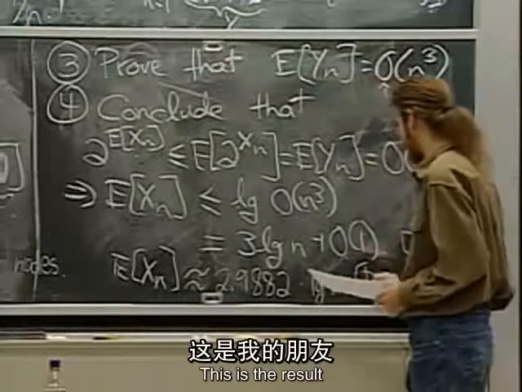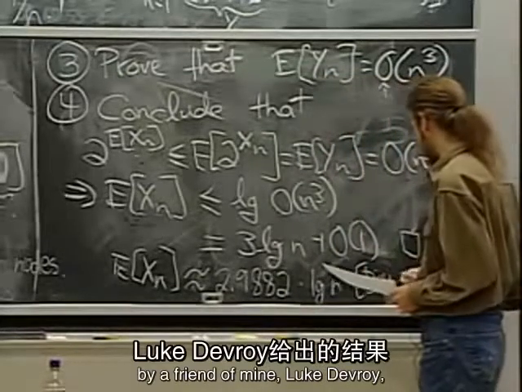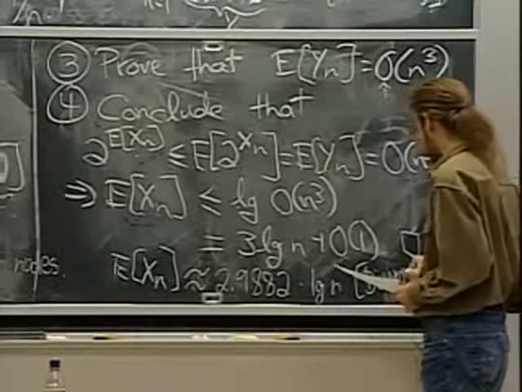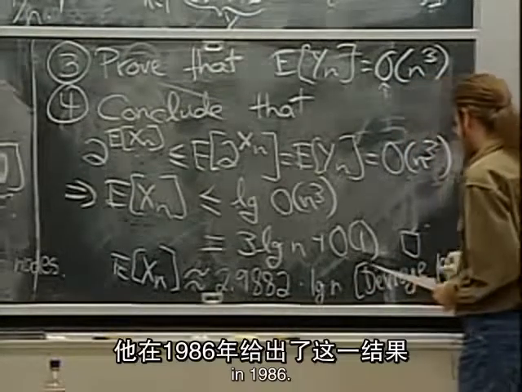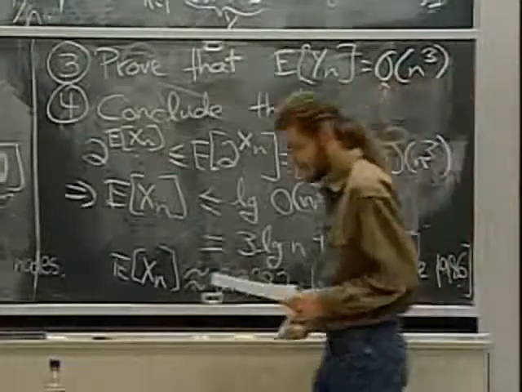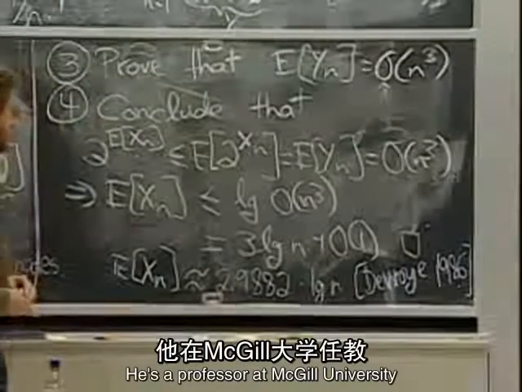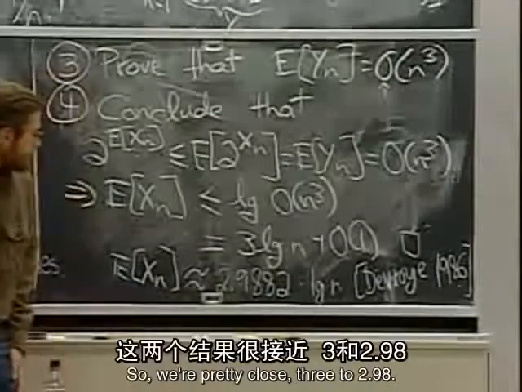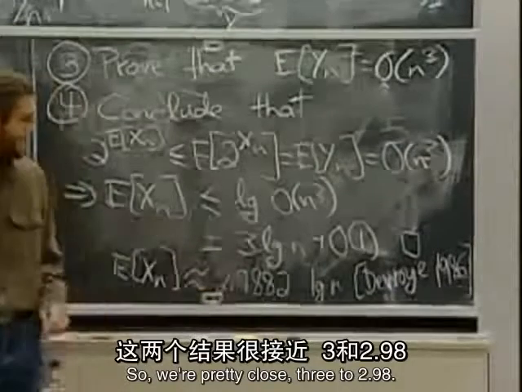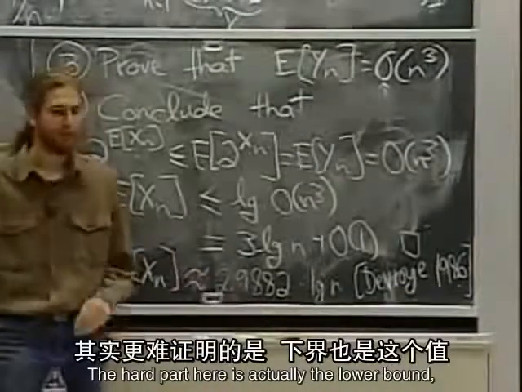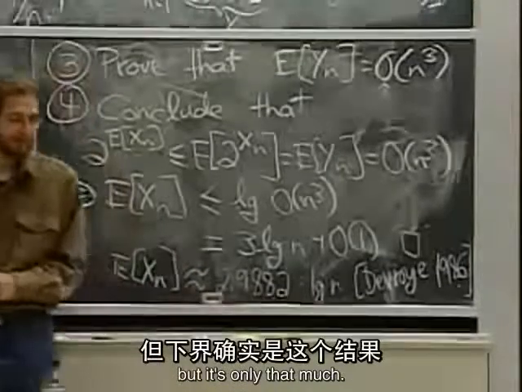This is a result by a friend of mine, Luc Devroye, in 1986. He's a professor at McGill University in Montreal. So we're pretty close, 3 to 2.98, and I won't prove this here. And the hard part here is actually the lower bound, that it's only that much.